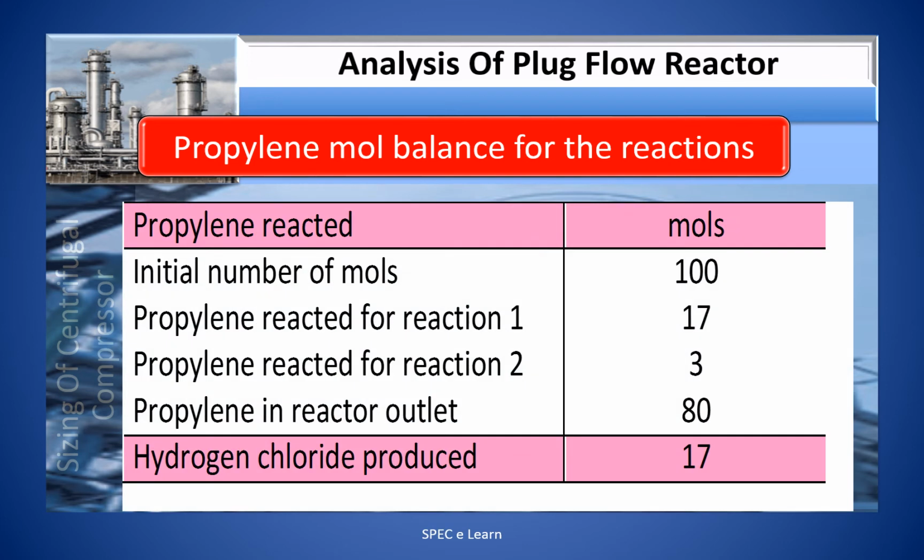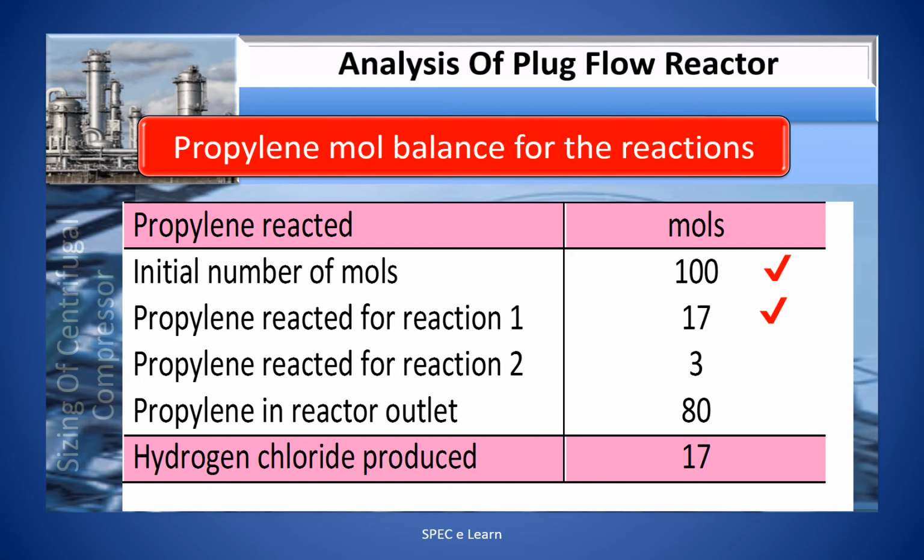Next, let us make the propylene mole balance for the reactions. Initial number of moles, that is propylene in the reactor inlet, is 100 moles. It's an equimolar reaction. In the first one, the propylene reacted for reaction 1 is 17 kg moles. Likewise, propylene reacted for reaction 2 is 3 moles, 1 mole for 1 mole of dichloropropane.